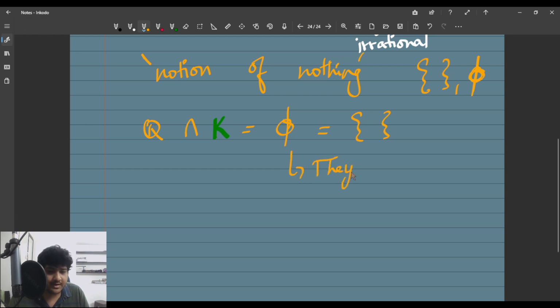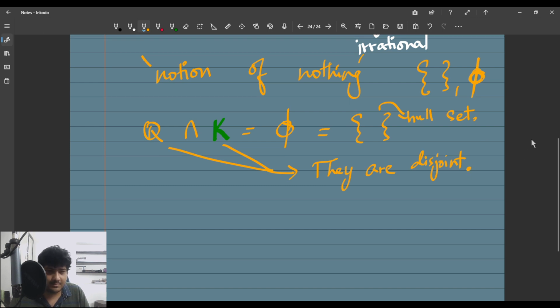They are not joint in any way. There are no elements in common. They are disjoint. Not they, these two guys. These two guys are disjoint. And this is called the null set. I don't want to bombard you with all these terminologies, but we'll keep on using these. You don't need to remember these as usual.